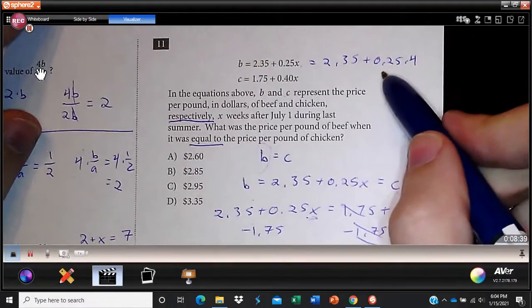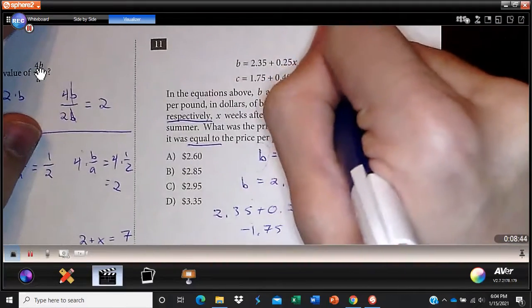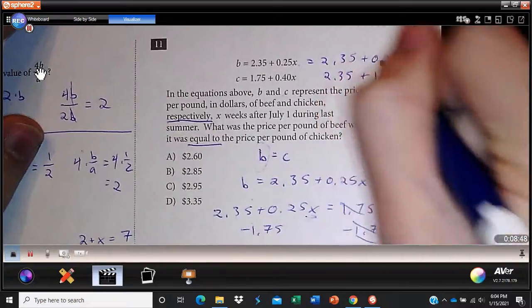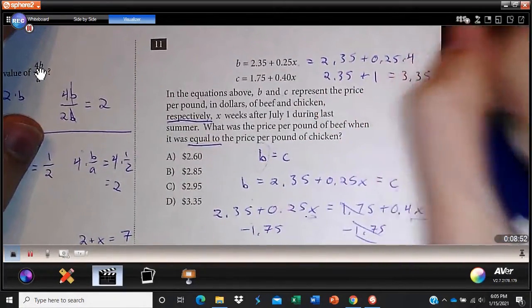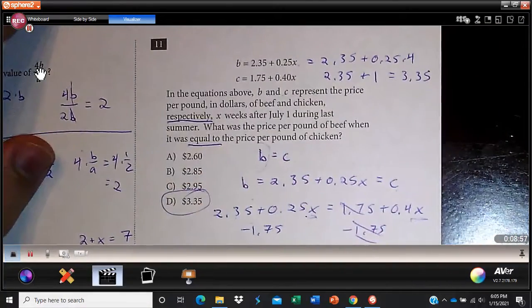We're just thinking of this more as like a quarter. 4 quarters makes $1, so this is 1. Or you can just multiply it out on the side of the page if you really needed to. But 2.35 plus 1 is 3.35, so $3.35, and that is one of our answer choices, so it's D.